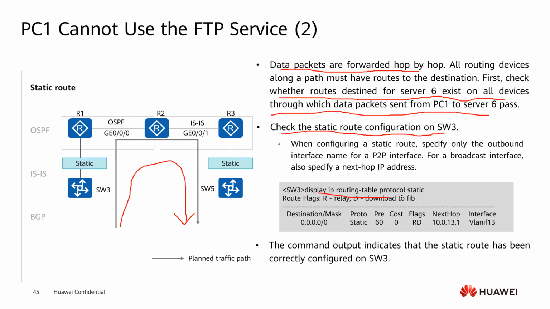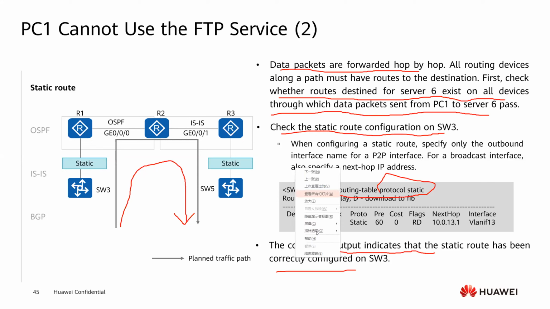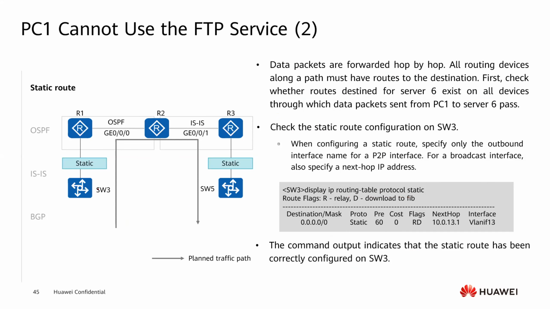Check the static route configuration on SW3. Display IP routing table protocol static. The command output should indicate that the static route has been correctly configured on SW3. That means if PC1 sends a packet to SW3, SW3 searches the routing table, then sends to R1. R1 will also search the routing table and then forward to R2.